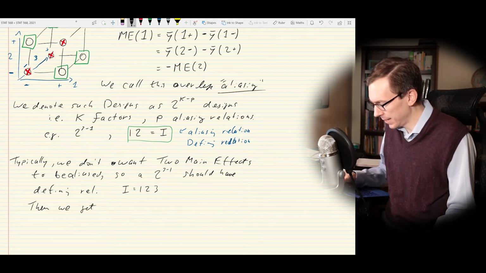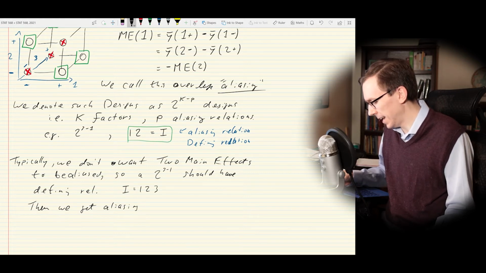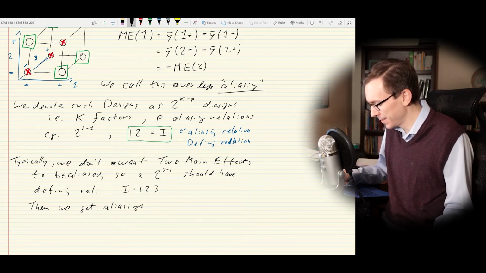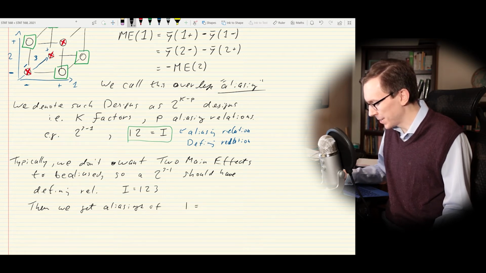Then we get aliasings, I guess. 1 is aliased with 2, 3; 2 is aliased with 1, 3; and 3 is aliased with 1, 2.